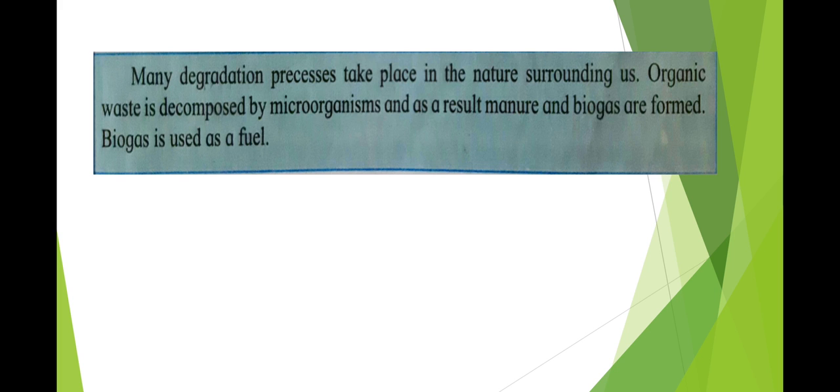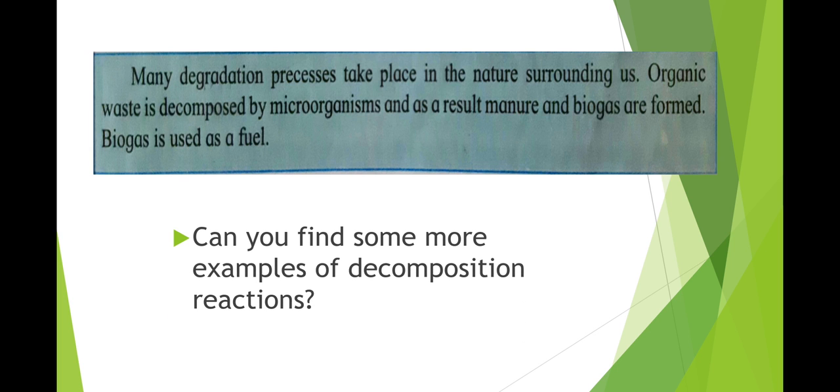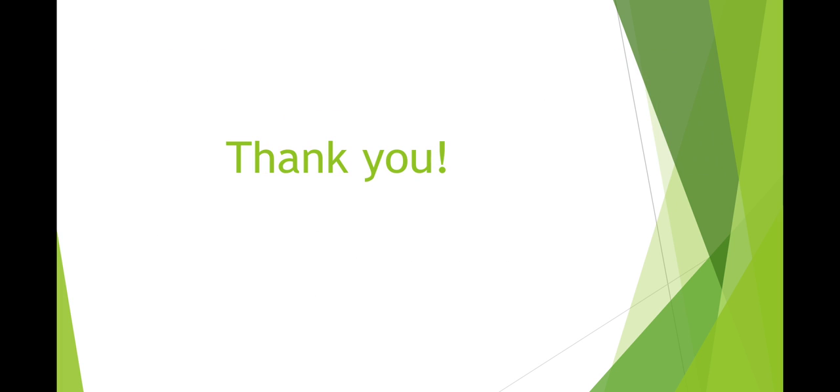It is an example given around us for our knowledge. From all of this, now can you find some more examples for decomposition reaction? I hope yes. Study your book, study the topic and find out some more examples of decomposition reaction.